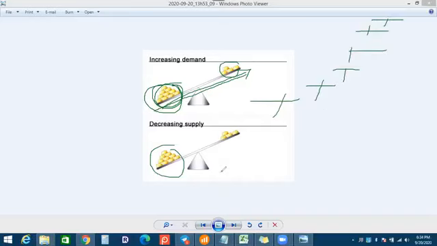How will we identify this in the market? I will tell you. Here the demand is increasing, or the supply is decreasing. You can take either concept, increasing demand or decreasing supply.